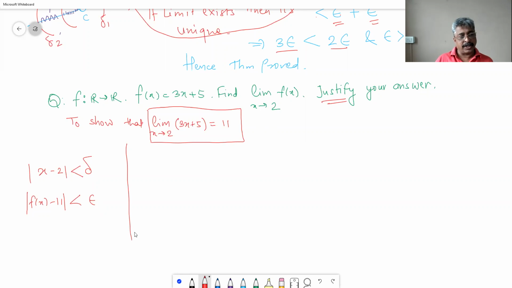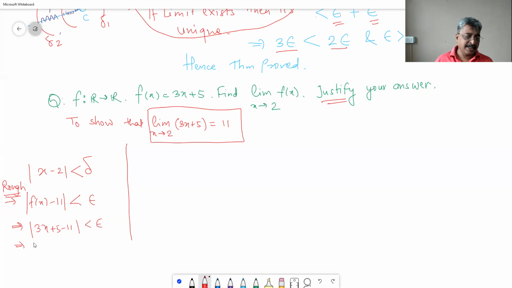Now the calculations: you start with this, you want to show this. So rough calculations are going to be starting with this point. This is what we want to show. What does this mean? This means absolute value of 3x plus 5 minus 11 should be less than epsilon.